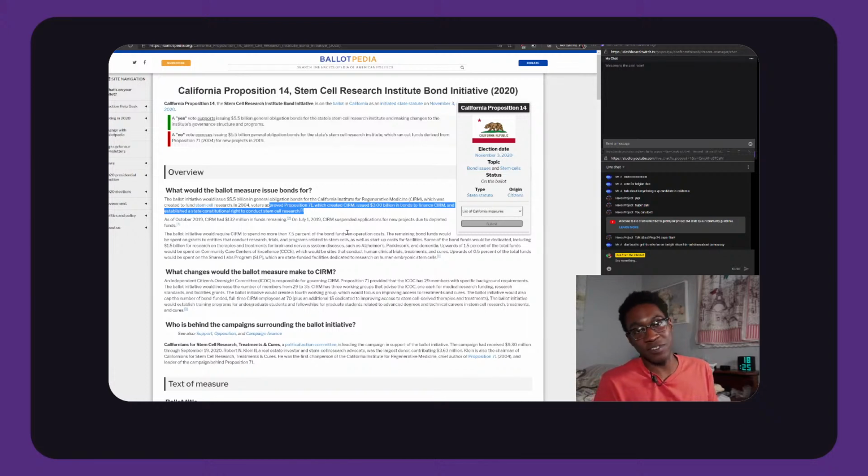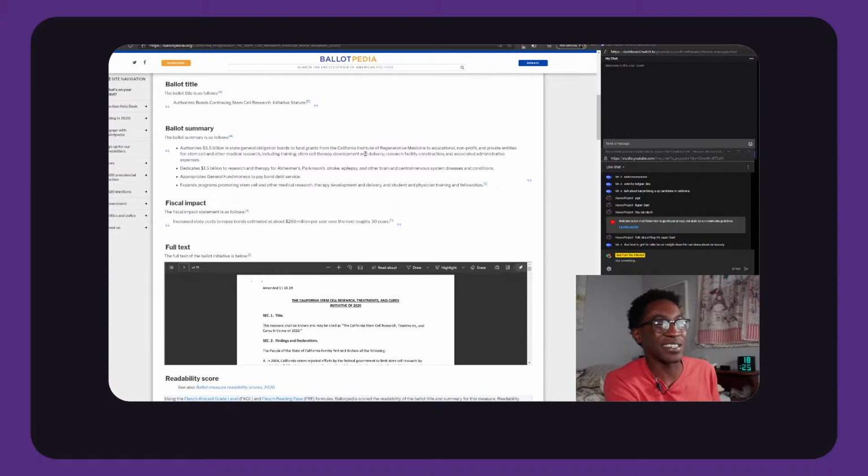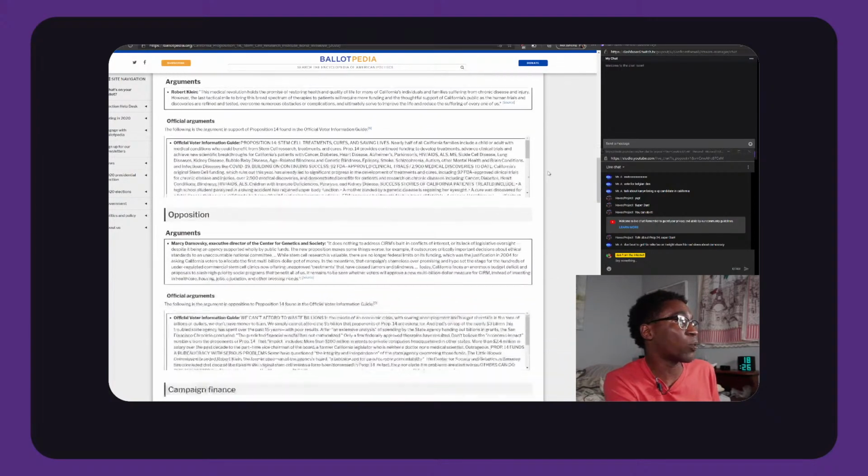We did focus on stem cell research earlier. We did fund this in 2004, and the funds are gone. So the question is, what has been done since then with the funds? And that's where you get into the support and opposition.